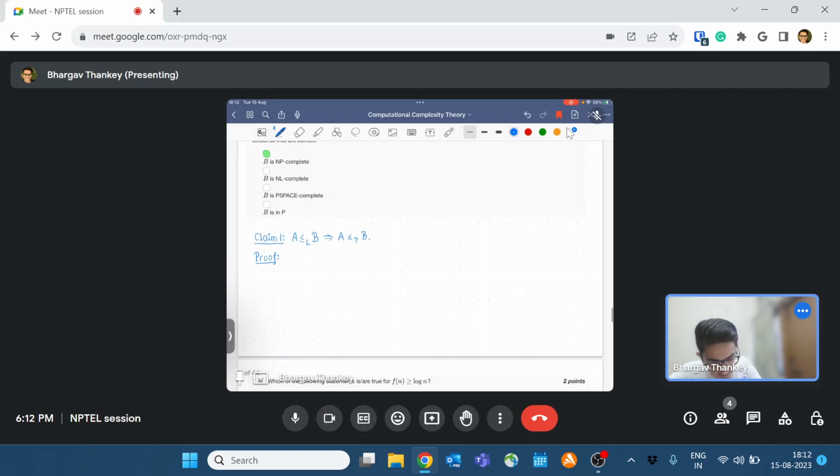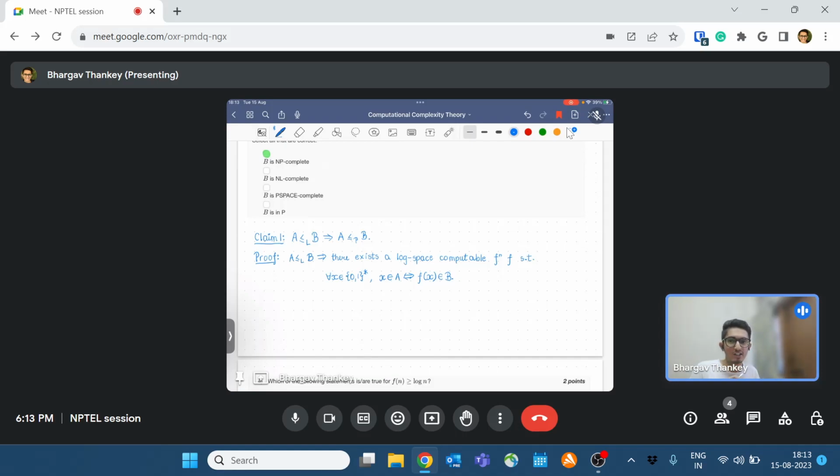So, A log space reduces to B implies there exists f such that for all x in {0,1}*, x is in A if and only if f of x is in B. Now f is computable in log space.